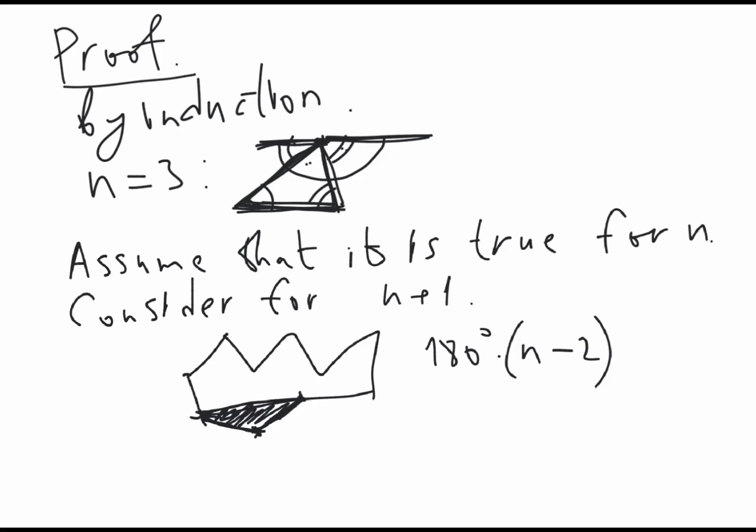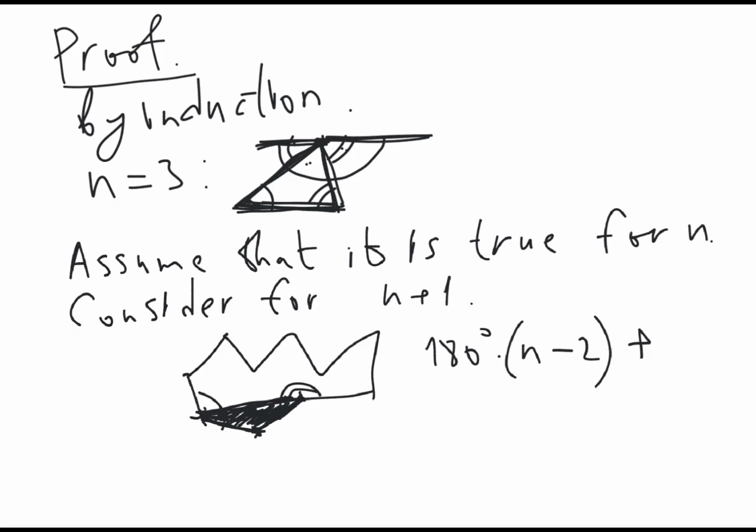When we add back this triangle that I highlighted, we need to add back the sum of its angles, because this angle is part of this angle in the polygon, and this angle is part of this angle in the polygon.